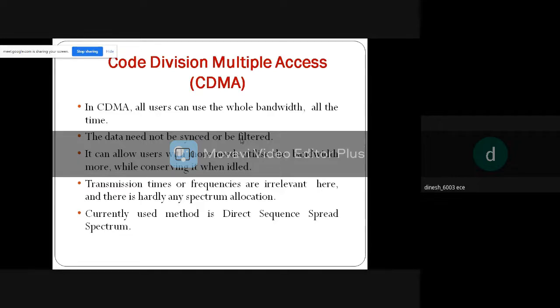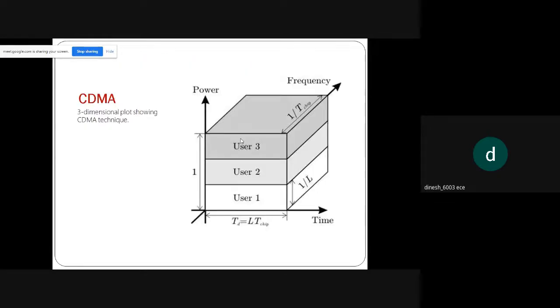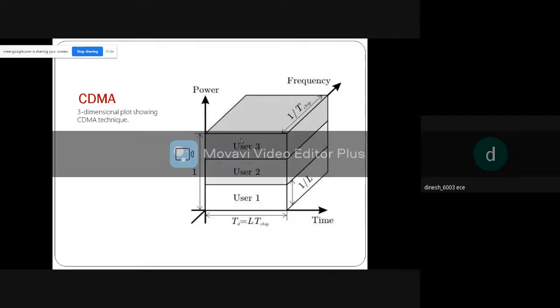The currently used method is DSSS, direct sequence spread spectrum modulation. For every user, for every time, every frequency, a specific code is assigned for user 1, user 2, user 3 till user n.